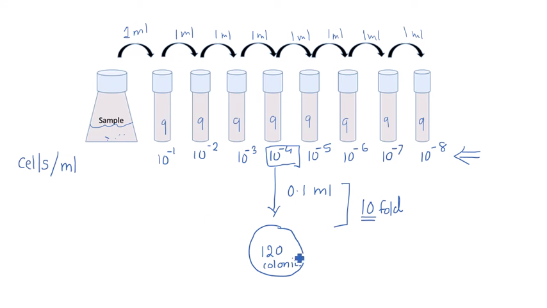So first of all, this is 120 colonies, which is between 30 to 300, which means the number of colonies on the plate is acceptable.